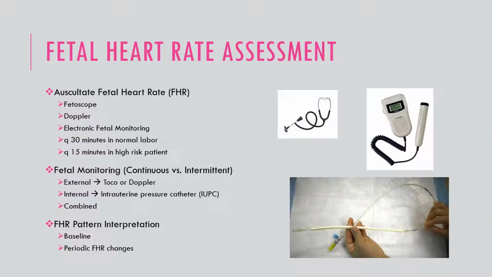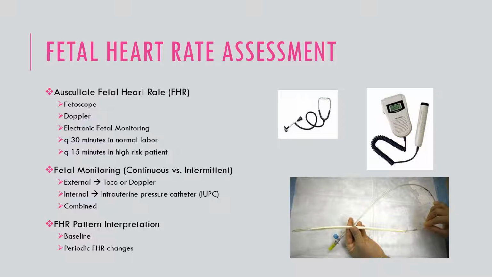Okay, so there are a bunch of different ways that we can do the fetal heart rate assessment, and we can auscultate the fetal heart rate with a few different types of devices. We can use a fetoscope or a Doppler, and this one that looks like the stethoscope with the weird looking bell, that's a fetoscope.